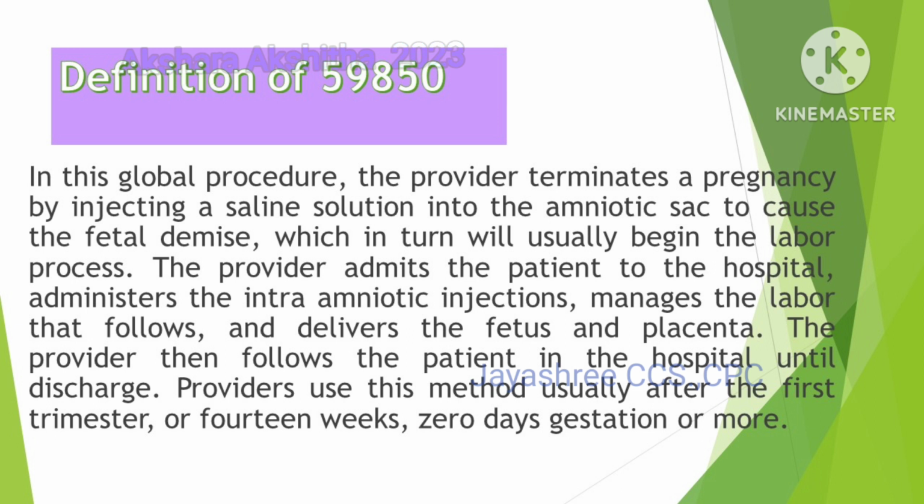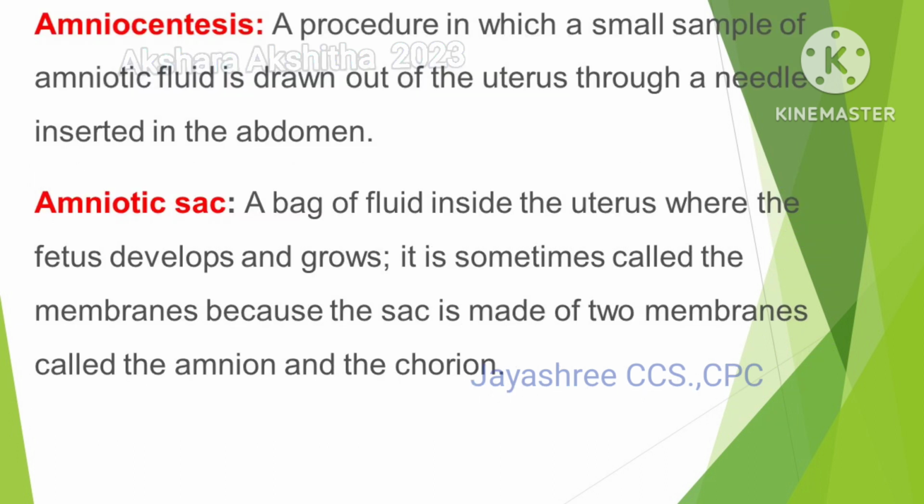Providers use this method usually after the first trimester only, or 14 weeks of gestation. Okay. So what is the meaning of amniocentesis? It is the procedure in which a small sample of amniotic fluid is drawn out of the uterus through a needle inserted in the abdomen. This is called amniocentesis.